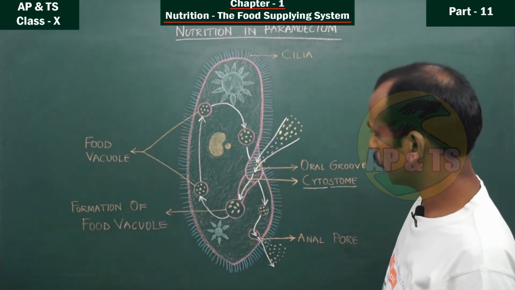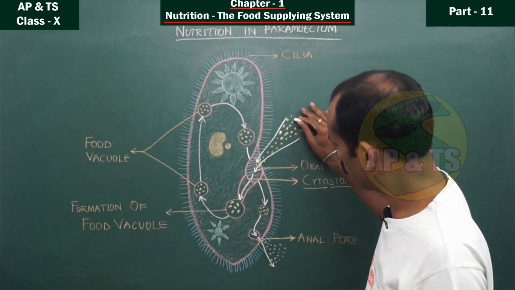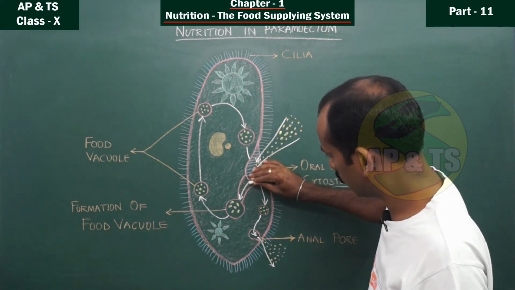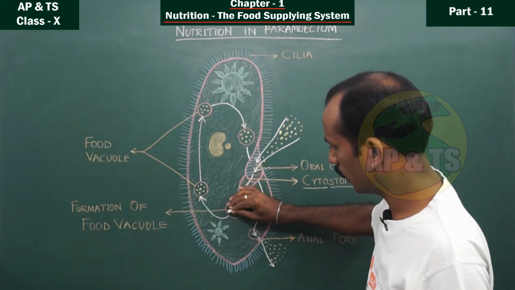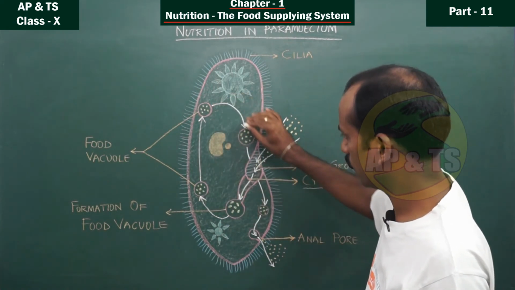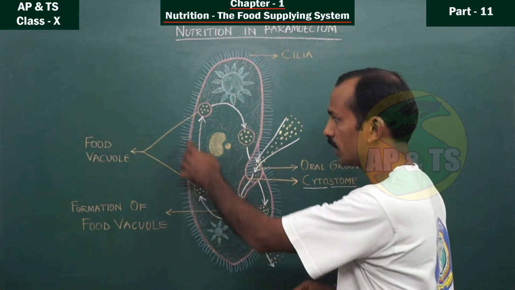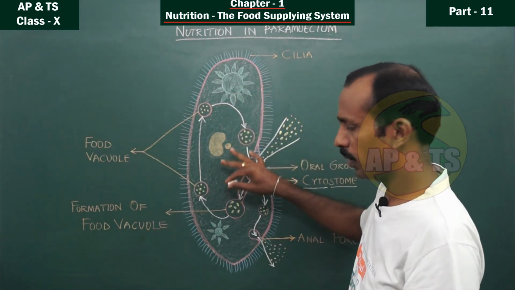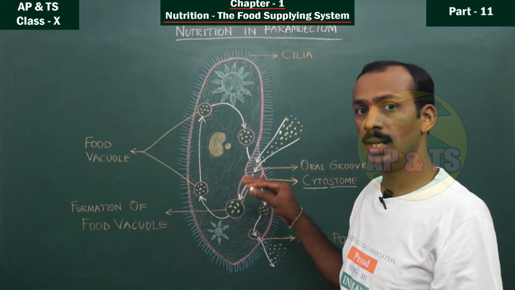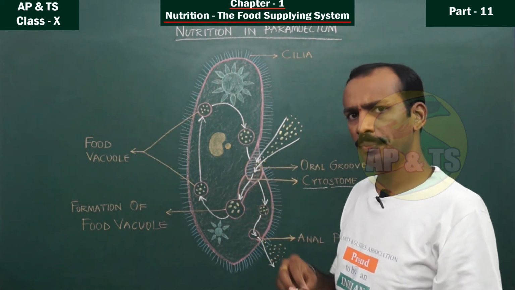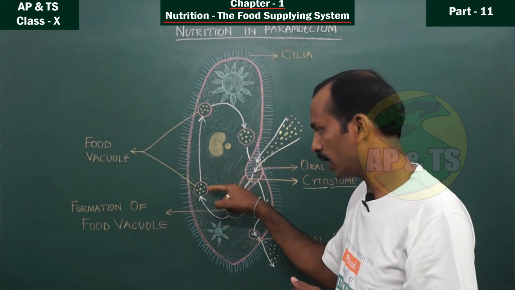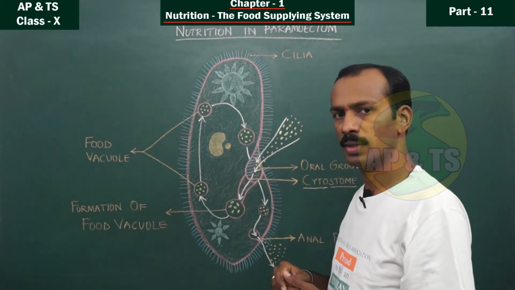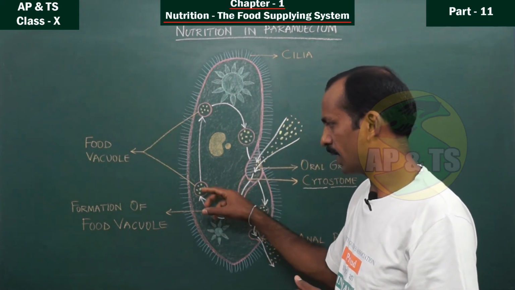Okay children, you can see here how the food is entering inside. After entering, it forms a food vacuole. Then this food vacuole moves. When the food vacuole is moving in the cytoplasm, some other cell organelles which help in digestion secrete some enzymes onto the food material, and the food material gets digested.